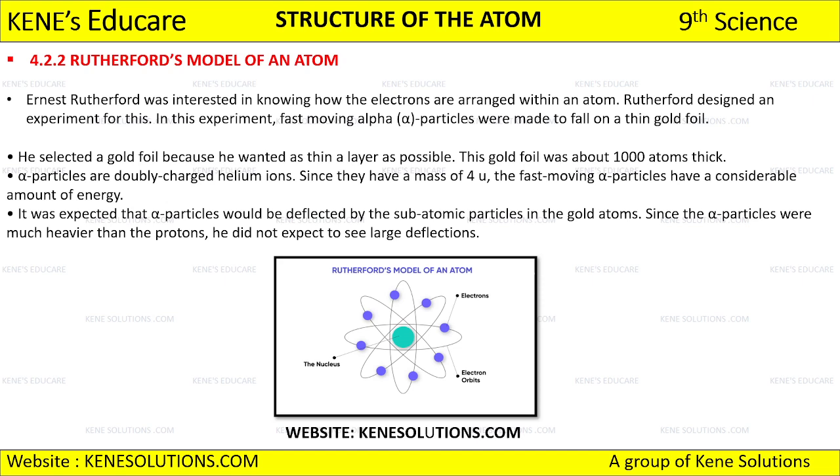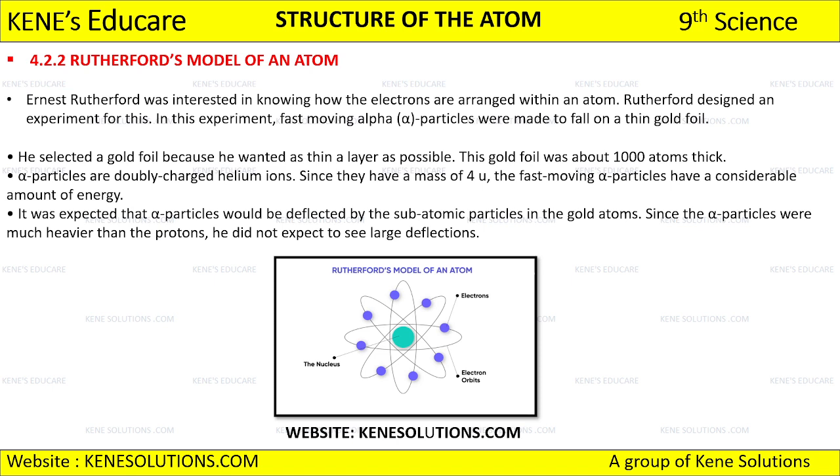What was that? A fast moving alpha particle. So a fast moving alpha particle was made to fall on a thin gold foil. Now there were certain reasons why gold foil was used. He selected gold foil because he wanted the thinnest layer possible.